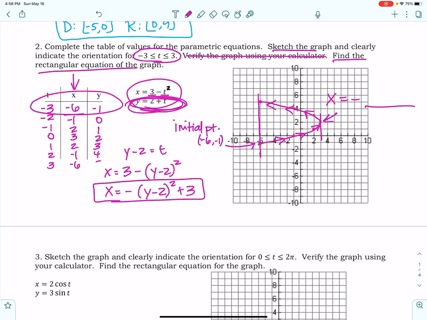So technically, our domain is just going to be from -6 to 3. We can write it that way. It doesn't matter. I'm just throwing that out there. And then our range, of course, is restricted to -1 up to 5.